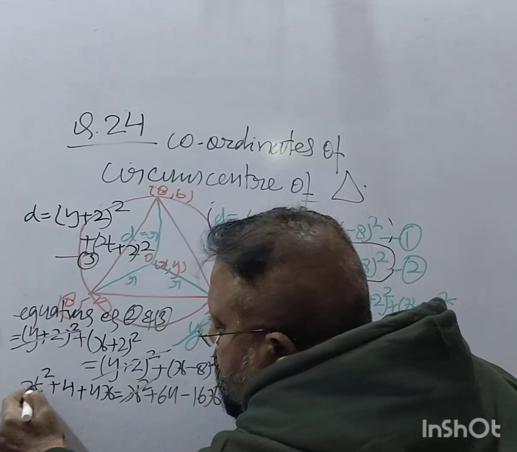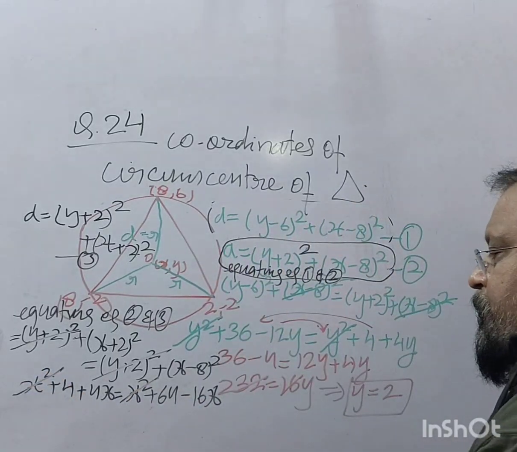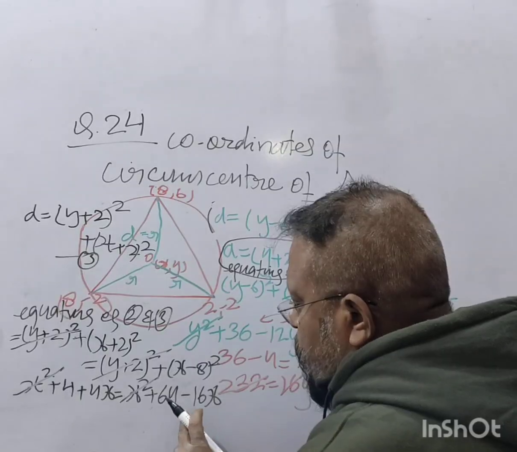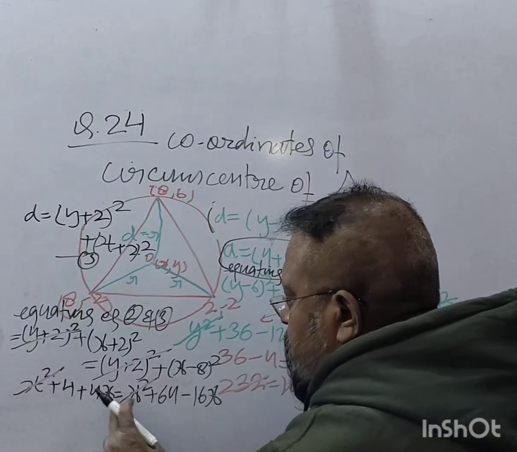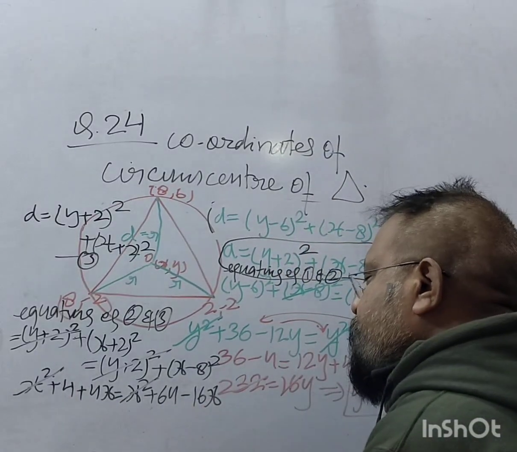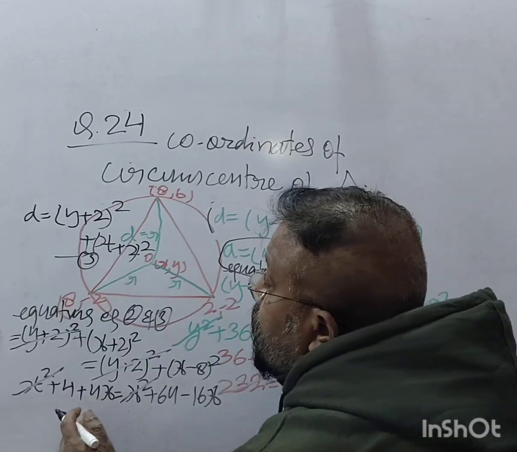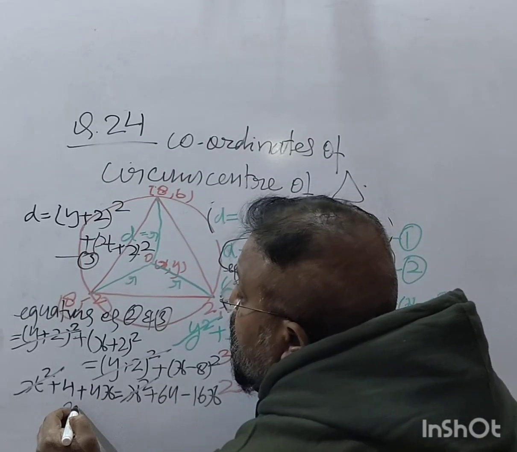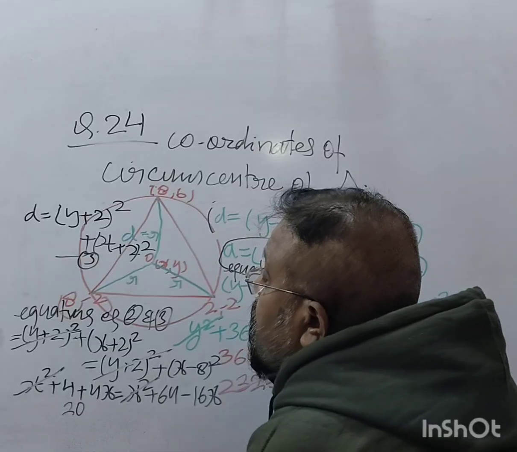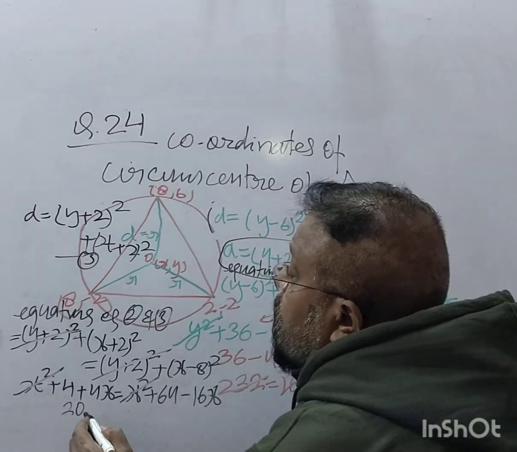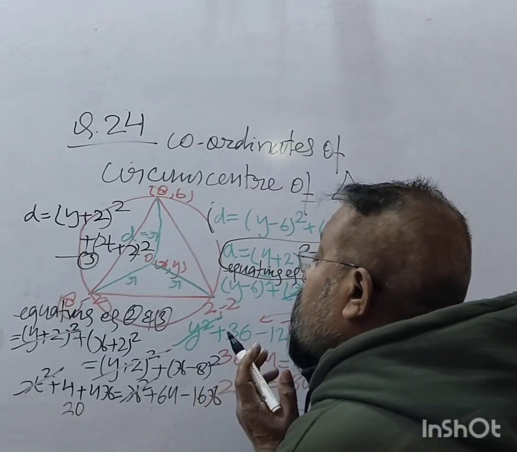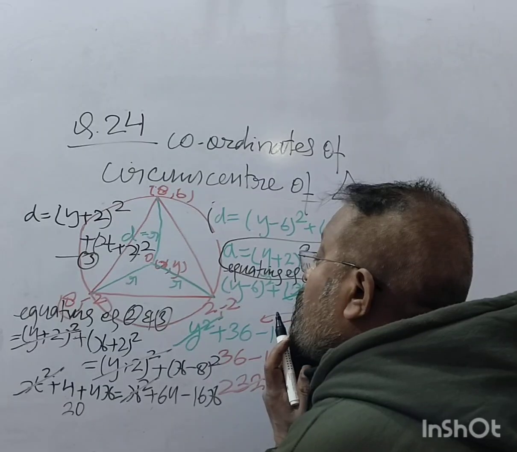This x square is gone, right? This 4 comes on this side. So how much does it become? 16x plus 4x becomes 20x. What is the answer coming? 3, 2. 5, 2.